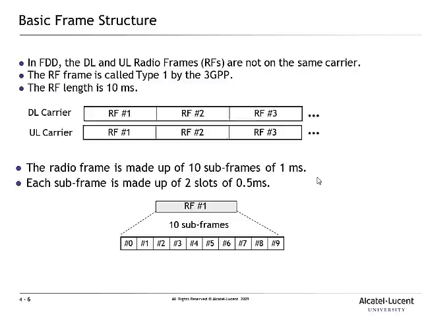Just now I told you that the radio frame has a duration of 10 milliseconds. So if you have 10 subframes, the duration of each one of these subframes is 1 millisecond, which we also refer to as TTI. And within each one of these subframes, we have 2 slots, each of duration 0.5 milliseconds.